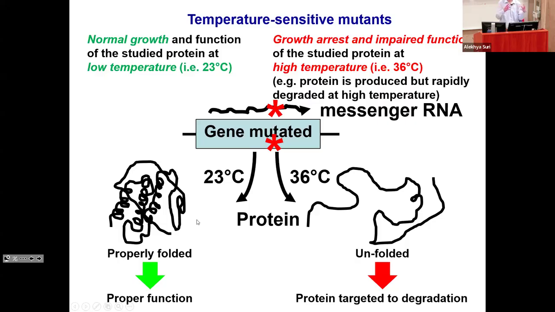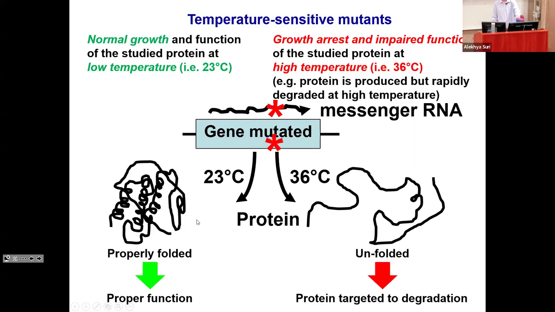It would look like wild type protein, properly folded, proper function. So no phenotype that you would see. If you increase the temperature, and we talk about the same cells, this protein with the point mutation will unfold. If it's unfolded, hydrophobic sequences, for example, would be exposed to the outer side, and this would trigger degradation of this protein.